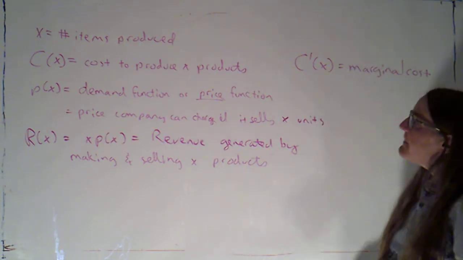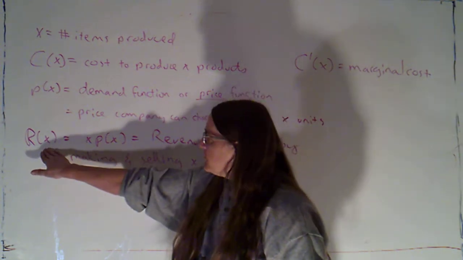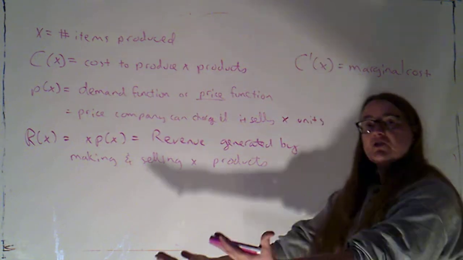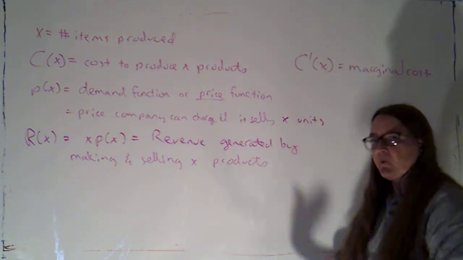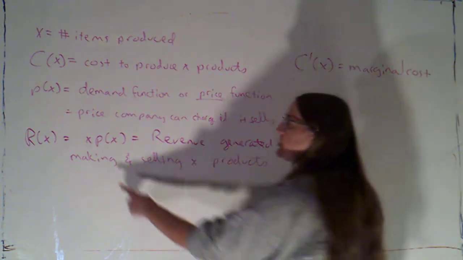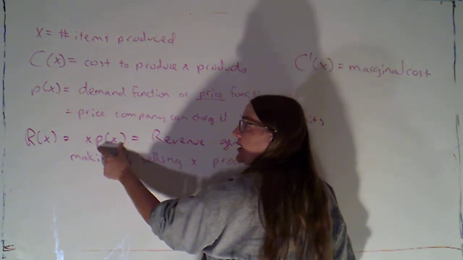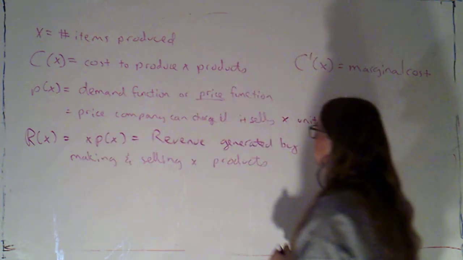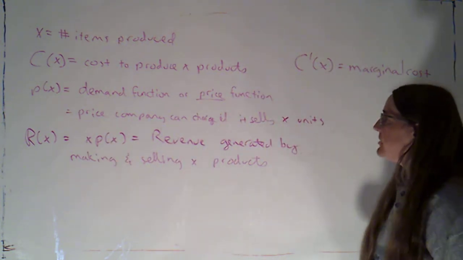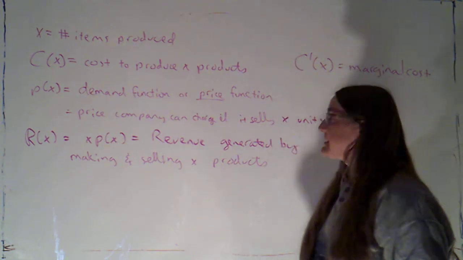Then we've got our revenue function. Revenue is just the amount that's coming in. So if I sell something, I get paid for what I'm selling, and the revenue is just the number that I'm selling times the price per that number. So it's X times the price of X. We say that that's the revenue that's generated by making and selling X products.